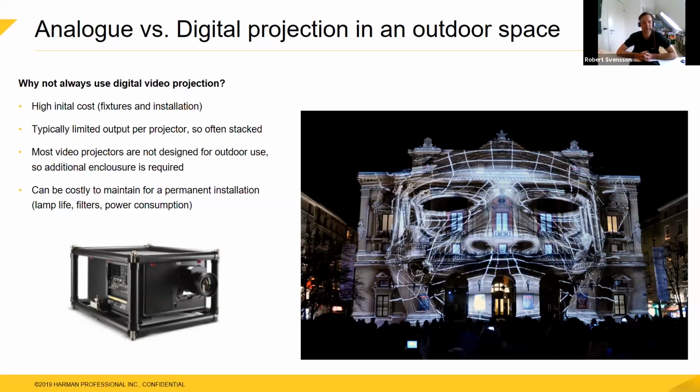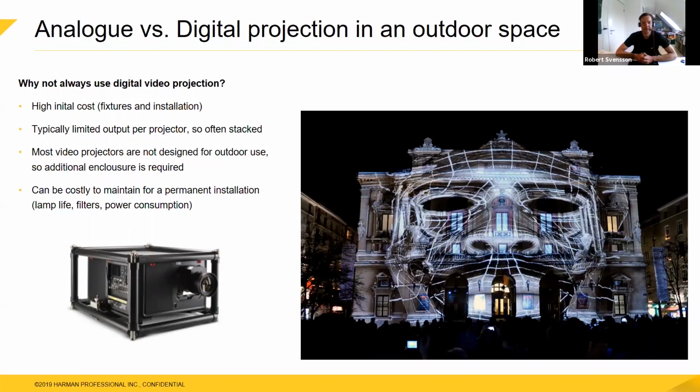And even though of course there's a lot of development in video projection, the light output is still limited. So often in these bigger installations you need to stack the projectors. You have two projectors illuminating the same part of the building simply to increase the output. So of course that suddenly means that your cost is double.